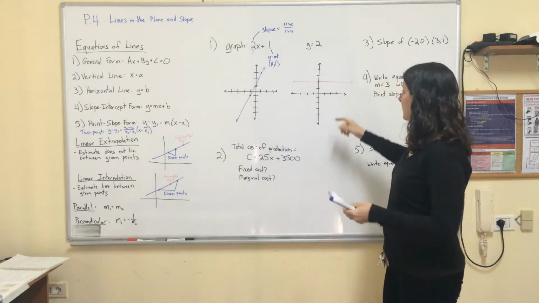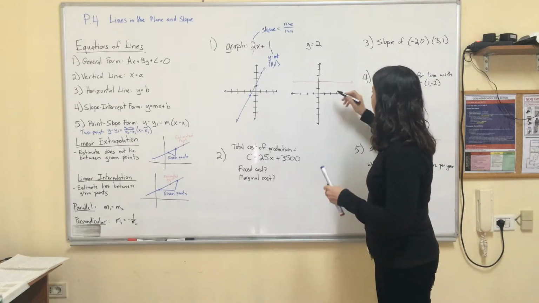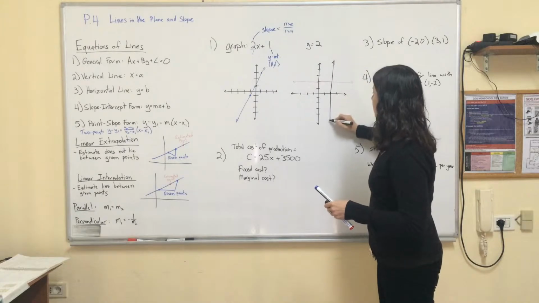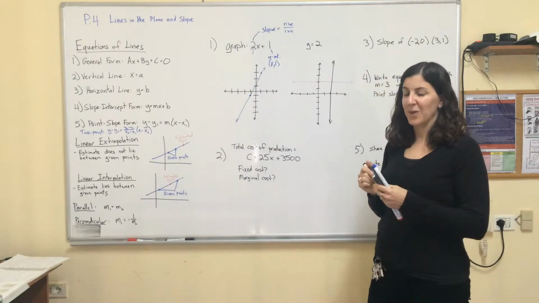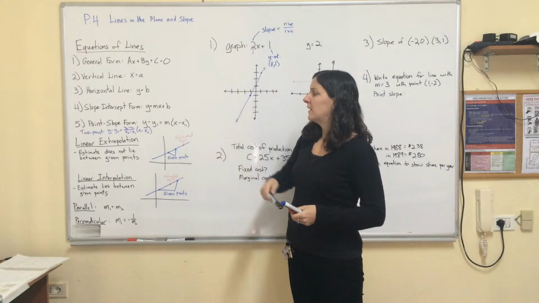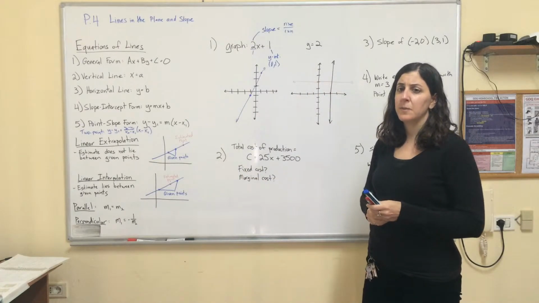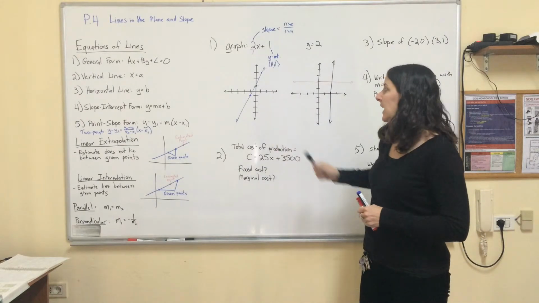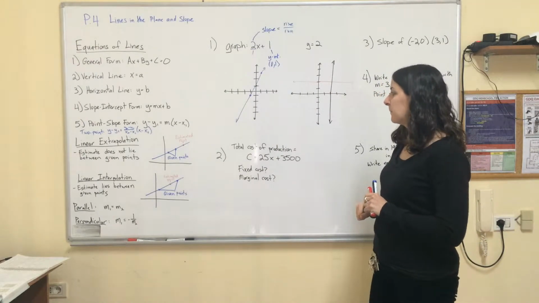If it said x was equal to 2, then my line would be all the way on x equals 2, and again it would be a straight line, always exactly on 2. So again, the slope-intercept form, the one that you've been most familiar with, is going to be helpful for actually graphing the lines.